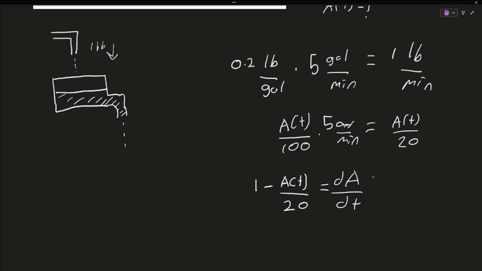You just want to be able to form this setup, and once you form the setup, you can solve for A. All of these problems are just testing whether you can form this, because the rest is really easy. All you need to do is solve this differential equation.